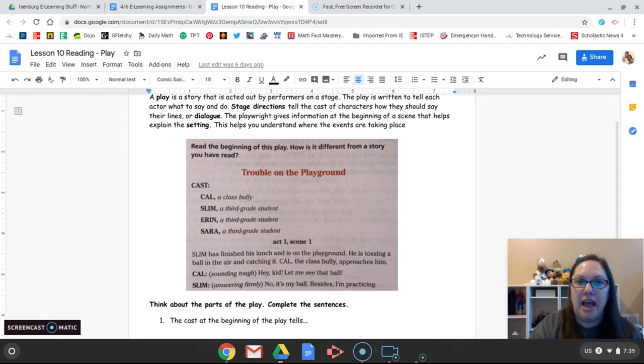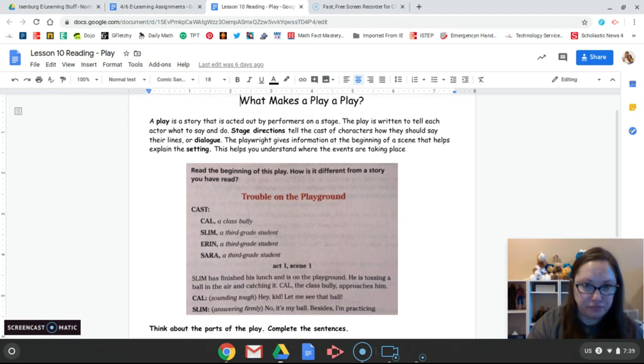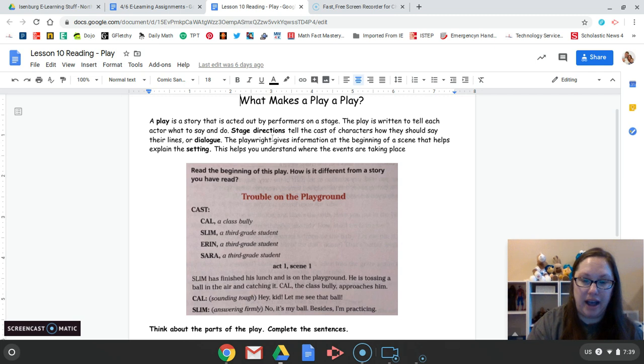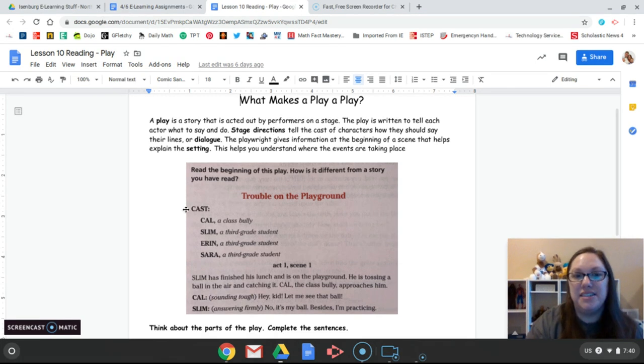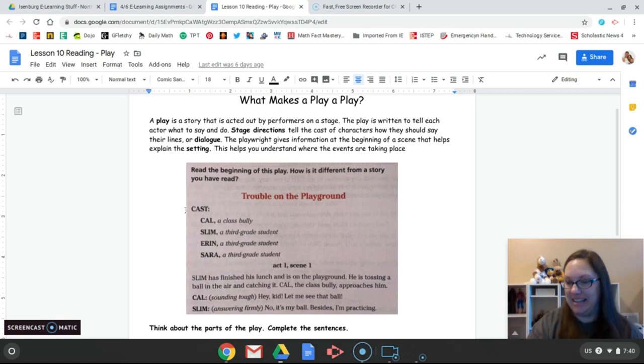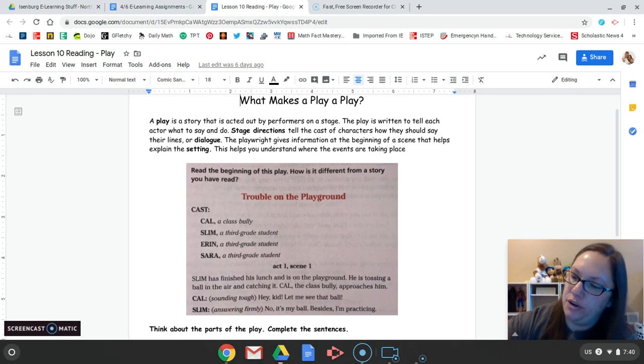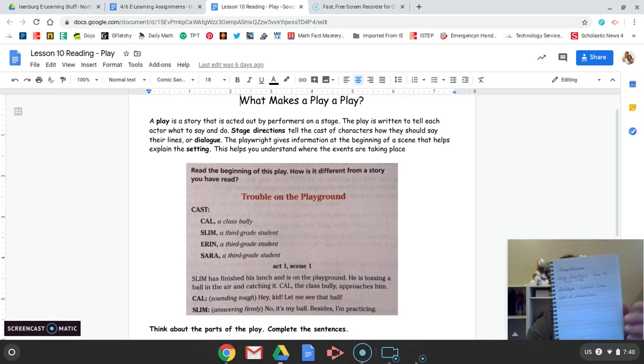The last thing I want to add that's not on here in the paragraph is the cast of characters. So if you see right here on our example, it says cast. I want you to write down in your notebook, cast of characters. In a regular story, we usually just find out who the characters are as we're reading.